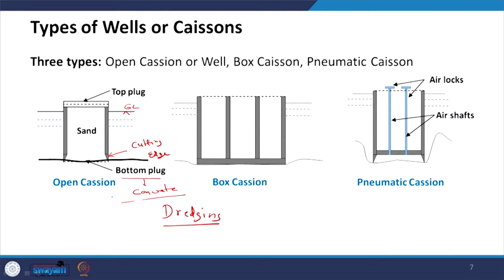And as you may be aware, when the sand is dredged, it is not necessary to fill it again with other material. It could be hollow, and most of the wells are hollow. The sand is taken out and this will be a hollow section.